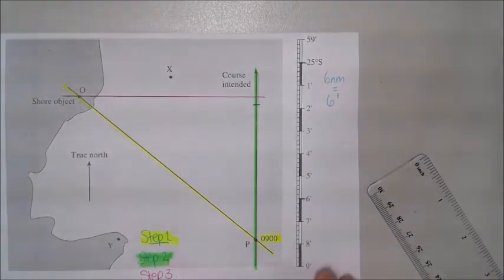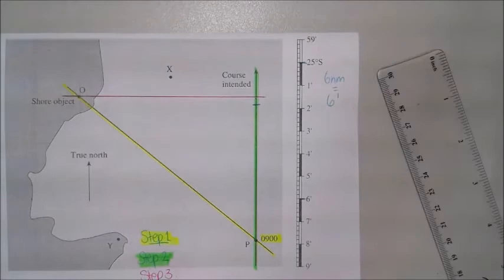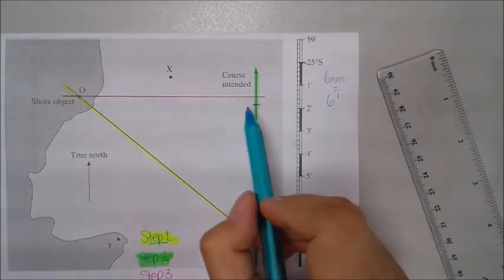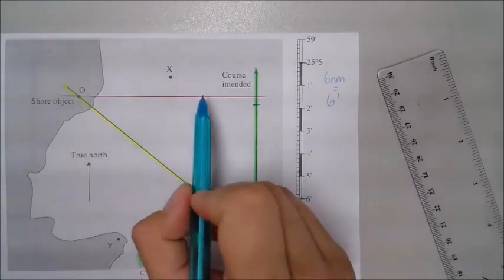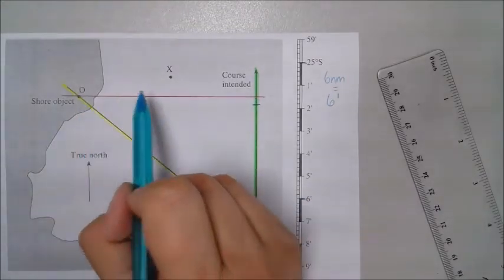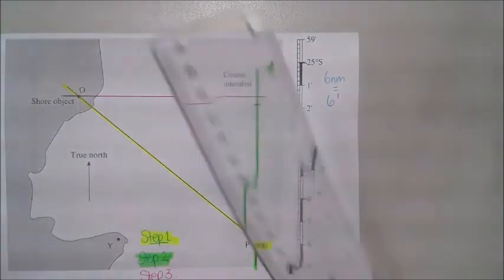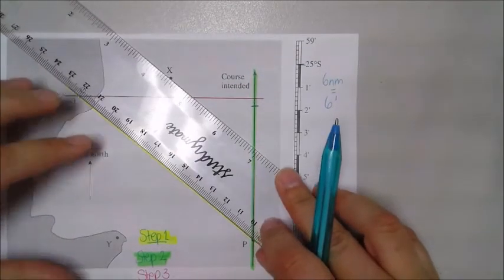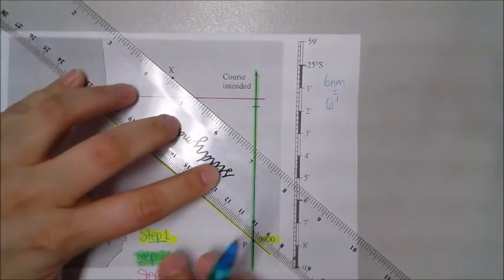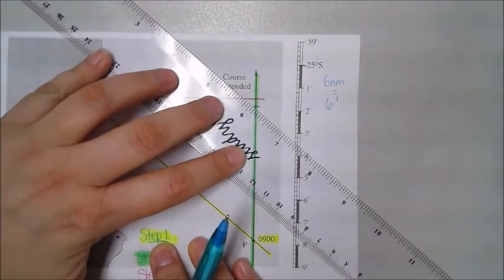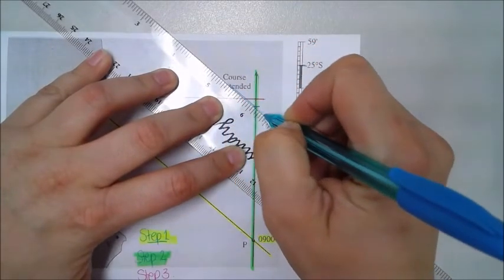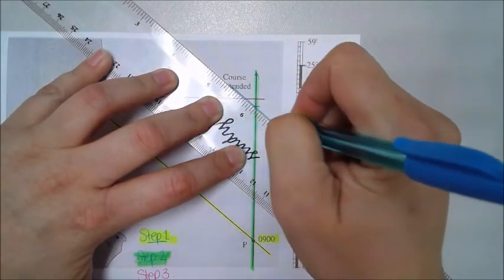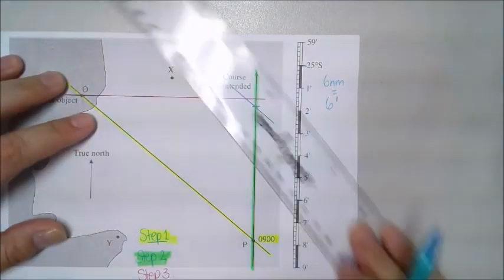Alrighty. So the final step. Remember, my boat can see this object on a bearing of 270, which means the boat is somewhere along this line. So I need to take my ruler to make sure it's still on this bearing, move it up as accurately as I can, and find the point where it intersects with my pink line. Okay, there we go.